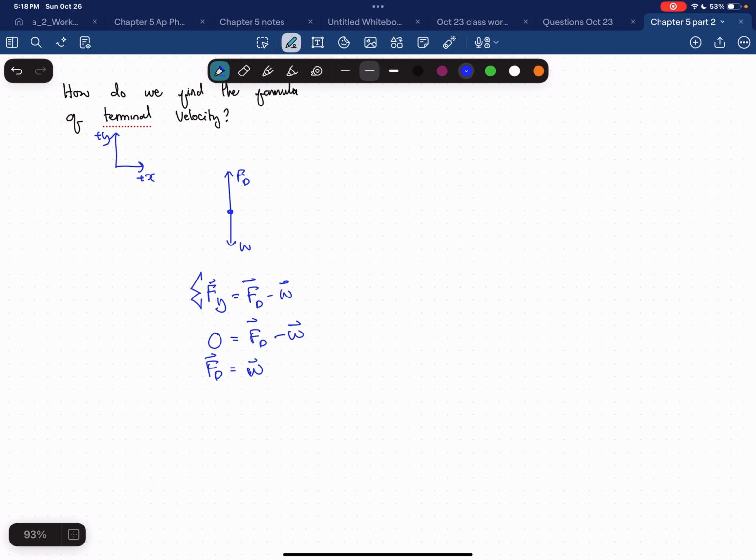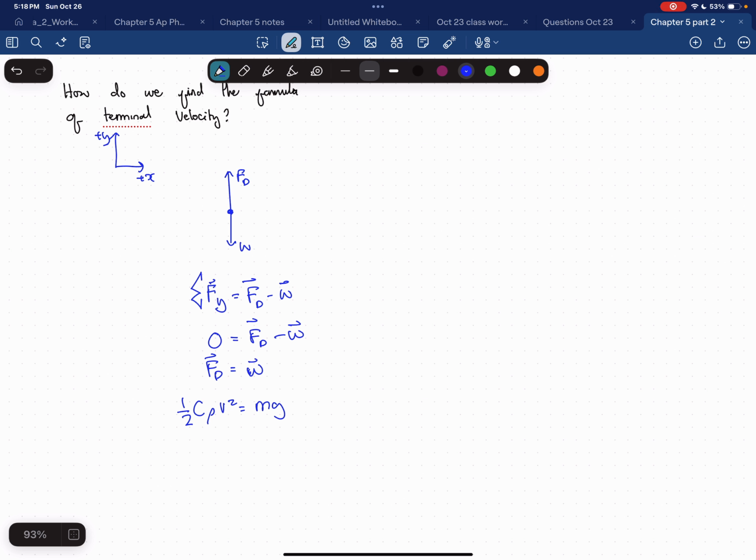And then I get F_D is going to be equal to weight. Now let's get to magnitude form. The magnitude of F_D is 1/2 C rho A v squared, and the magnitude of the weight is mg. mg is positive right now.